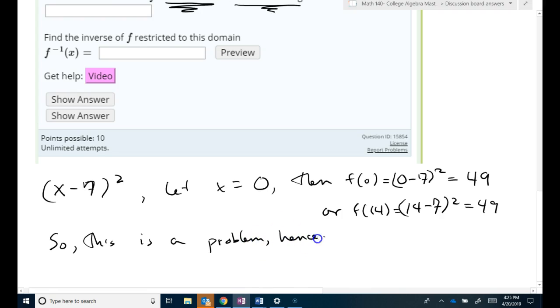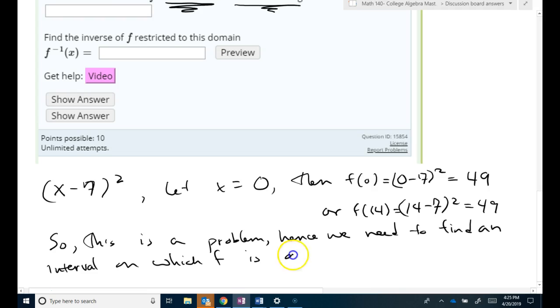Hence, we need to find an interval on which f is 1 to 1 and non-decreasing.